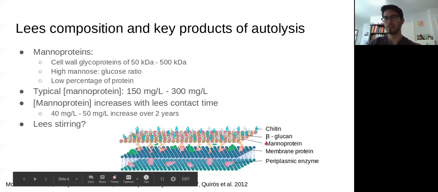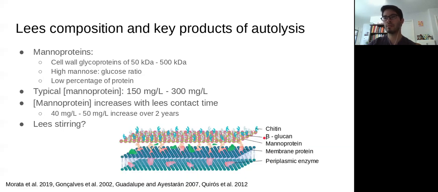This image shows how mannoproteins are arranged within the yeast cell wall. They typically make up about half of the cell wall and are covalently bonded to these beta glucans. So during autolysis, they become released by beta glucanases that basically separate this bond here.